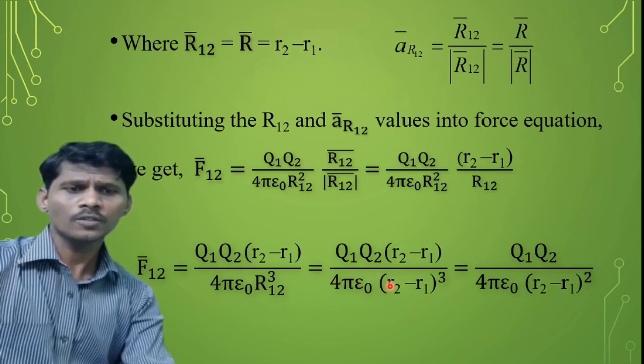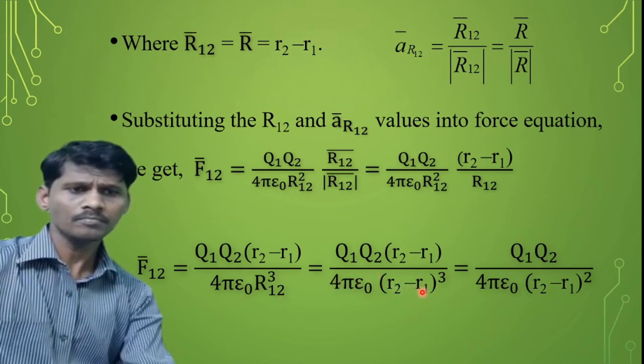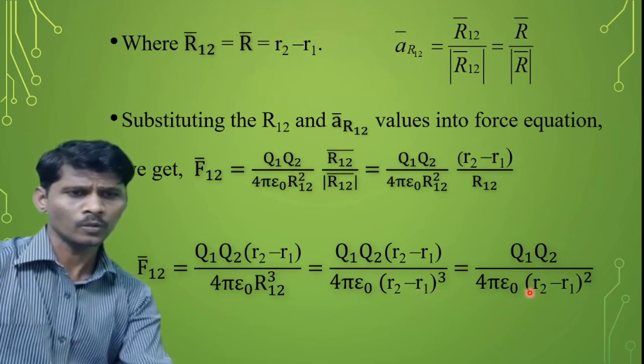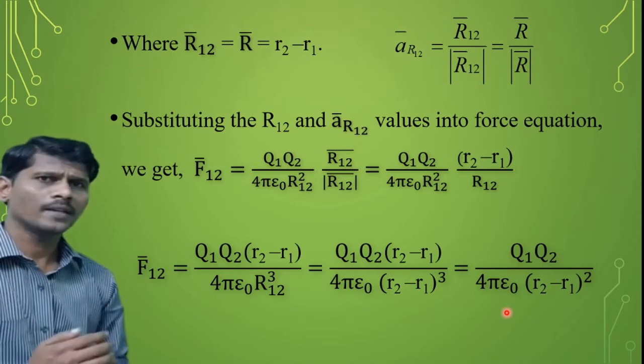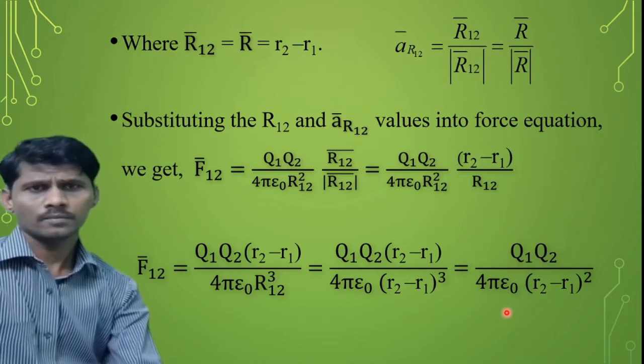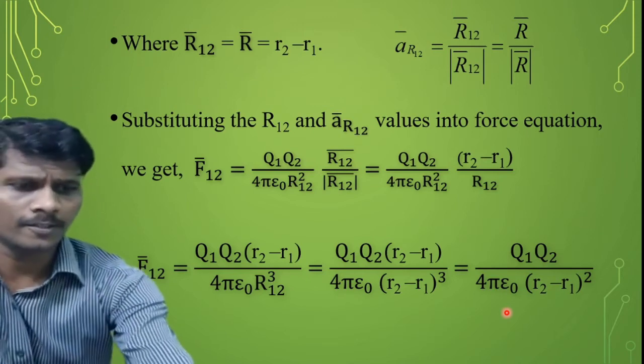But R12 is the magnitude of R2 minus R1. After substituting the R12 value, we get Q1 Q2 (R2 minus R1) by 4 pi epsilon naught times the magnitude of (R2 minus R1) whole cube. So that is the force equation.